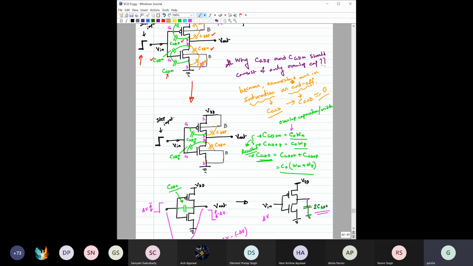That is the reason why these two will only consist of the overlap capacitance.